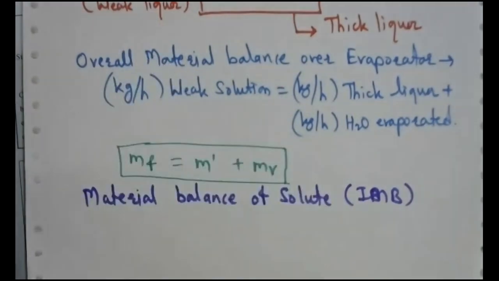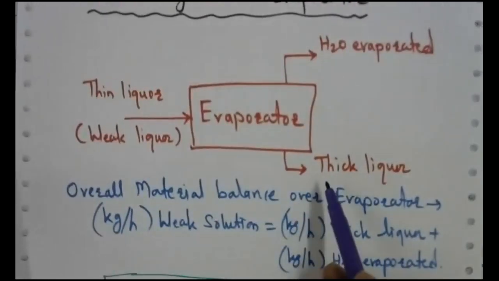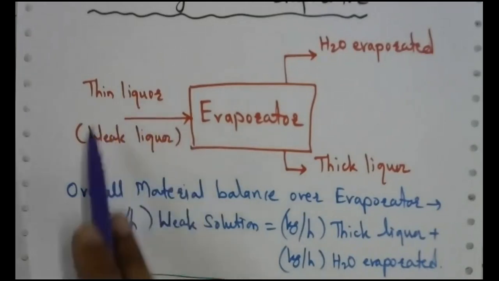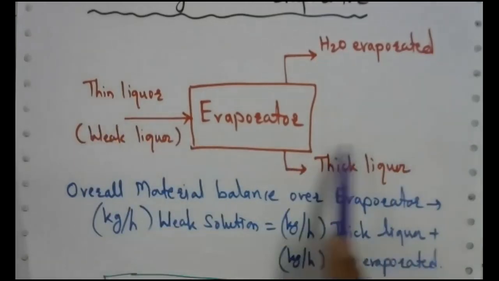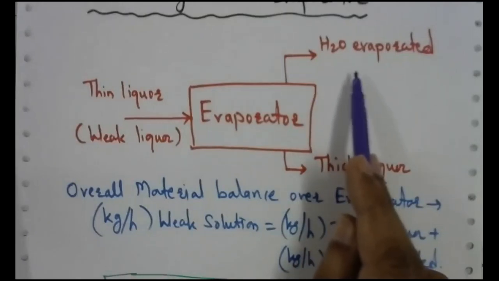In the input, that is in the weak solution, that is in the feed, and in the thick liquor. From this diagram you can understand the solute is present in the feed, and solute is present in the thick liquor. This stream is purely water, so there is no solute.